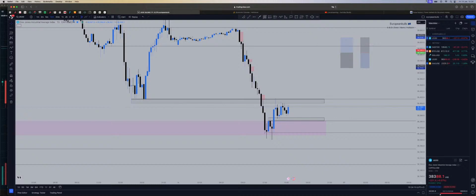Alright, so here we are, 20 lots. Let me put in my lot sizes.